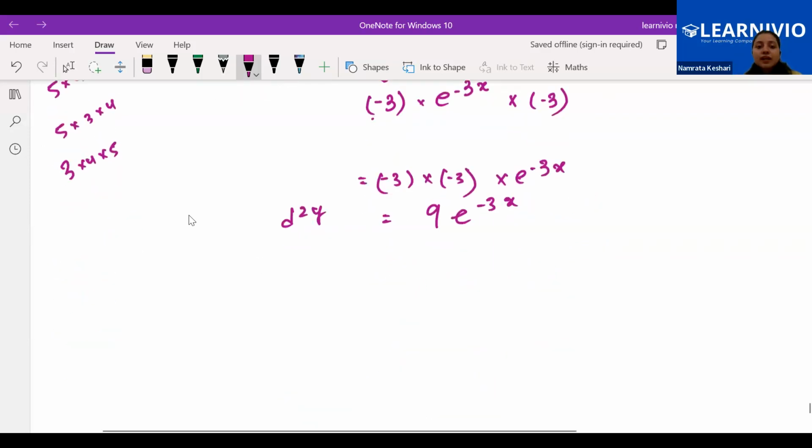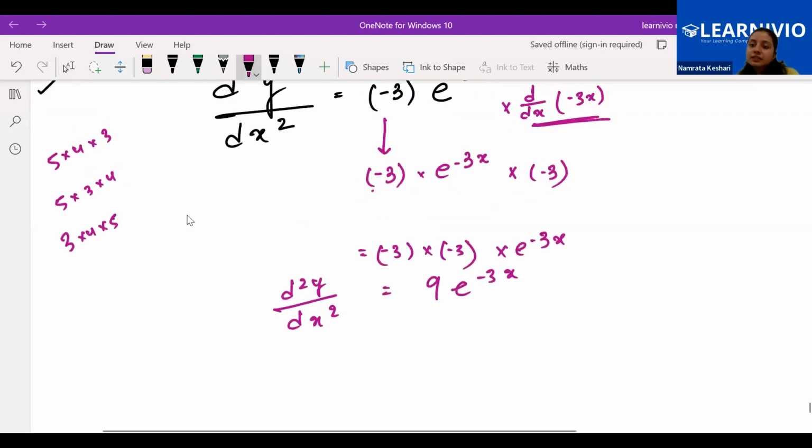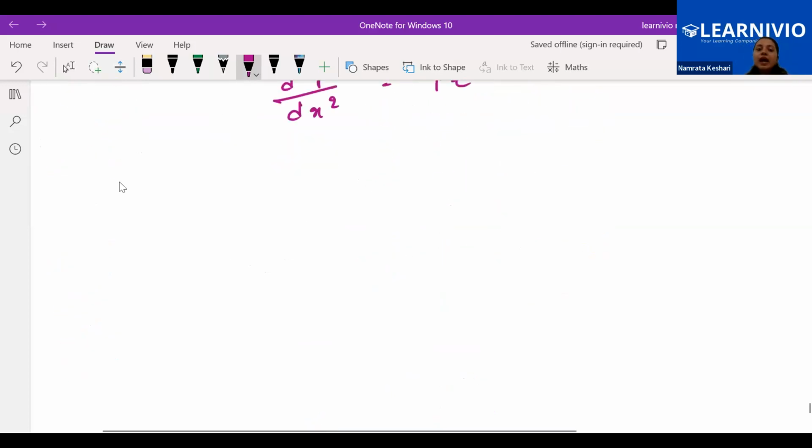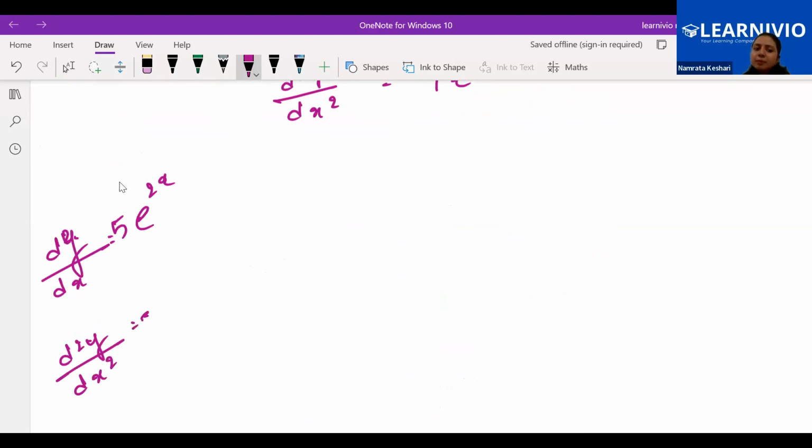So the step where we get 9 e to the power -3x, you will see that everyone writes this step directly. Directly from here we can write this step. Whenever we have dy/dx equal to, let's say, e to the power 2x, or maybe 5 e to the power 2x, we can directly write d2y/dx2 will be 5 remains as it is.